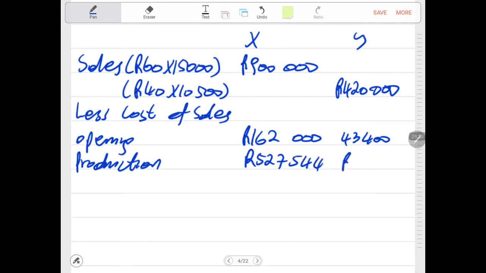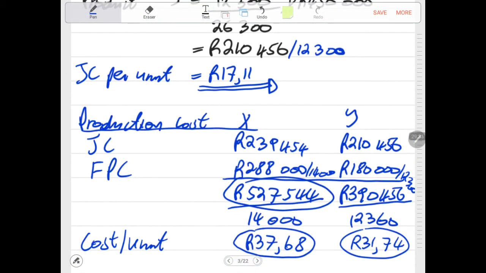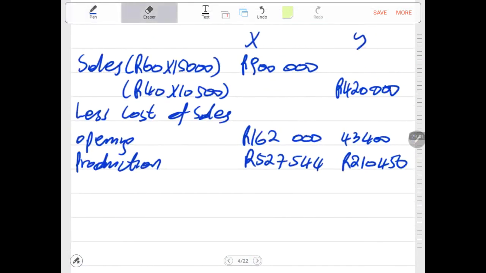And here we calculated 210,456. Hope that is correct to my memory. Okay, sorry, it is 390,456.